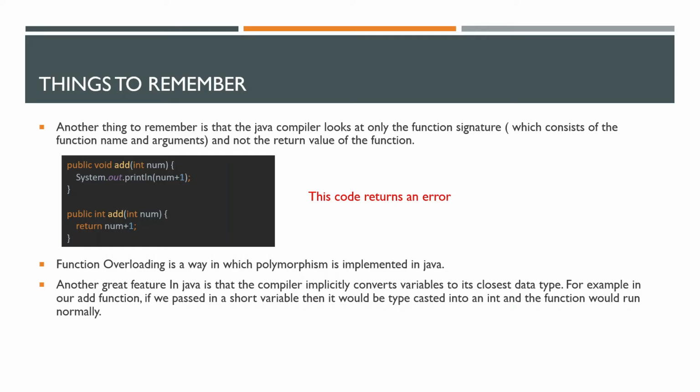So even if we had another function which was public string, which returned a string, and had the name of add, but received int as its argument, then the function would throw an error because there's another function which has the same name and the same arguments.